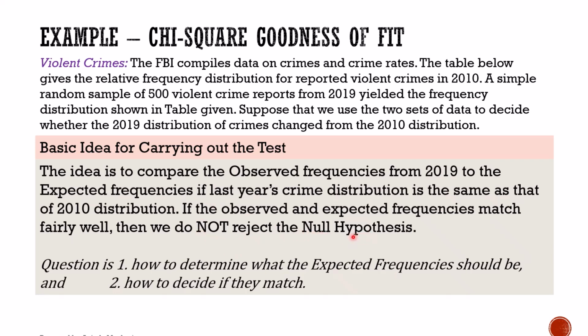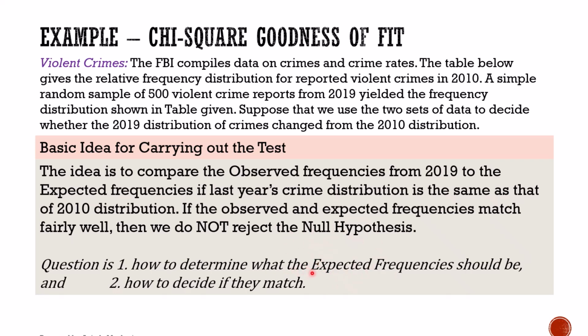Now the next question is how we determine what the expected frequencies should be, because we will not be given the expected frequencies. Instead, we will be given the relative frequencies from the past. Either we will be given the relative frequencies or the percentages. So if you are given the percentages, make sure you convert them into relative frequencies by dividing by 100, and then you have to perform the computation of the expected frequencies using those proportion values and multiplying them by the total sample size.